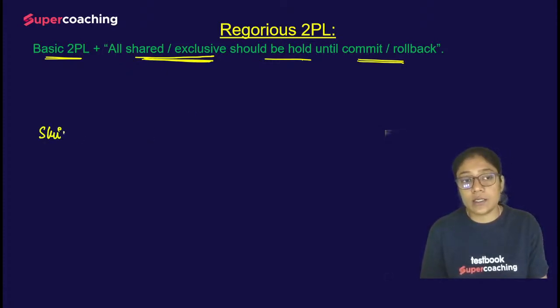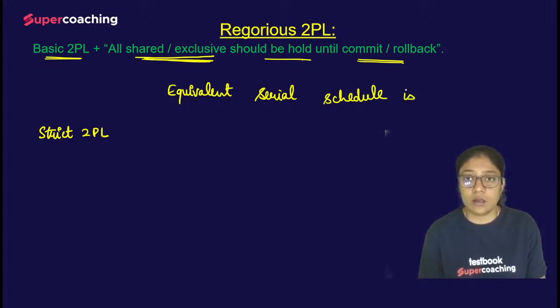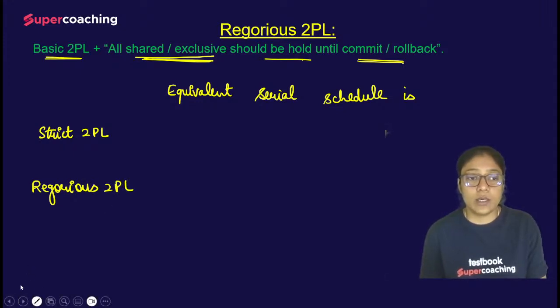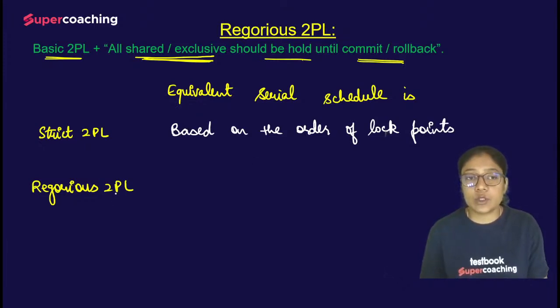The most important point here is, in strict 2PL, the equivalent serial schedule is based on the order of lock points, whereas in case of rigorous 2PL, since it is 2PL it is serializable, so we can find out the serial order.